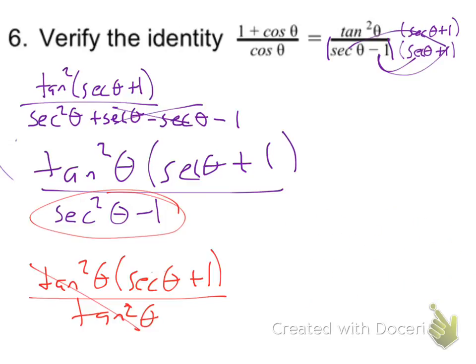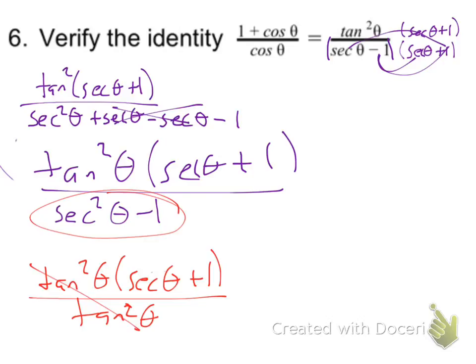I need the room. So that leaves me with secant theta plus 1. But if I look over here, that's not 1 plus cosine theta over cosine theta. So now you have to think a little bit more. What is secant again?